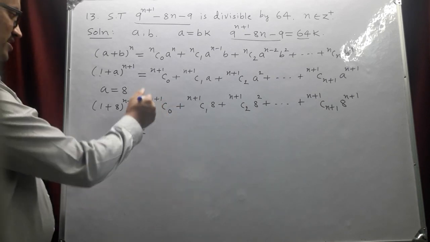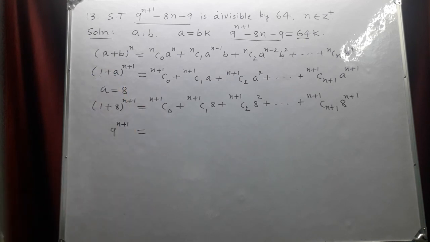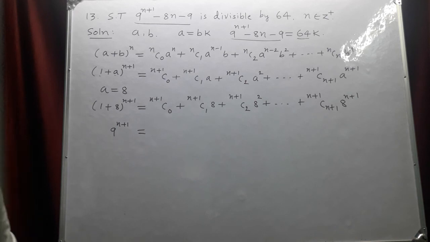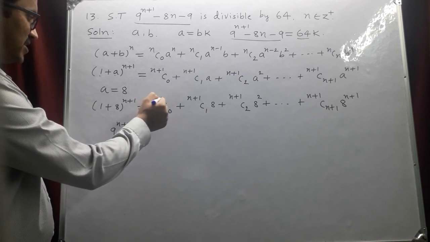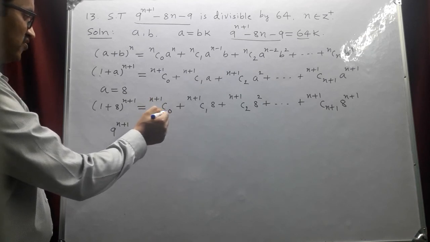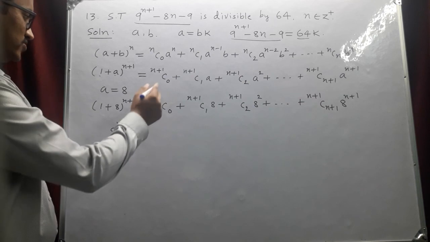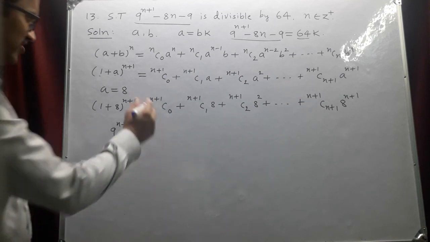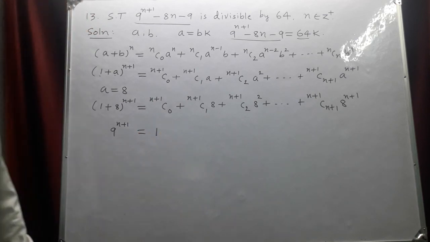If you simplify this using the formula nCr = n! / (r!(n - r)!), we get (n+1)! / (0! (n+1)!). The (n+1)! cancels, so this value becomes 1.